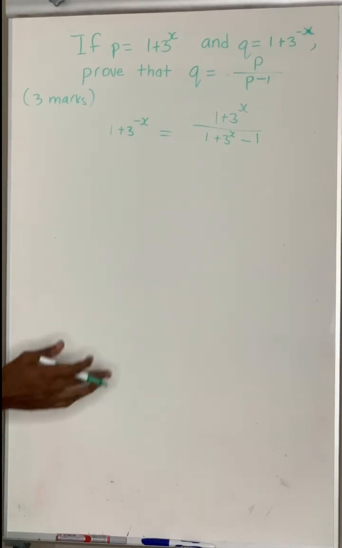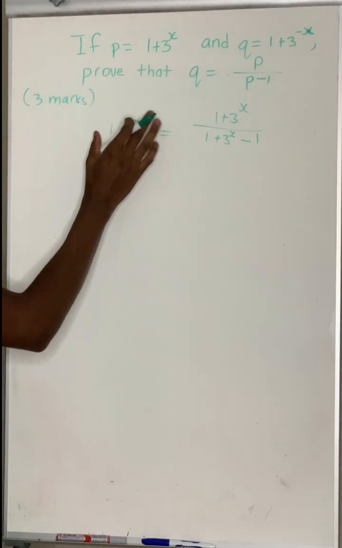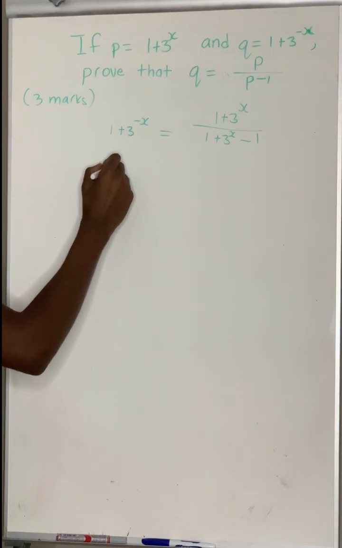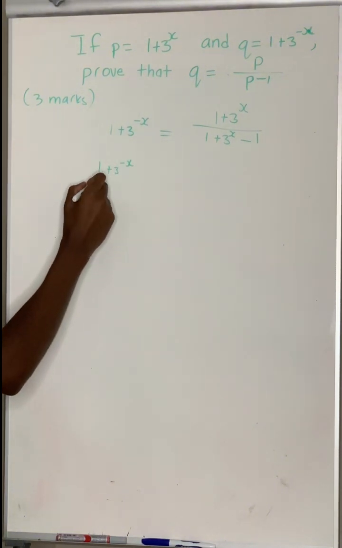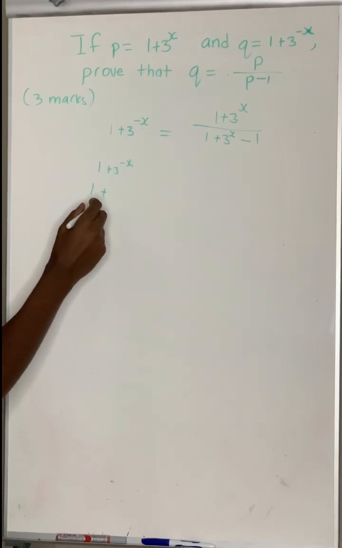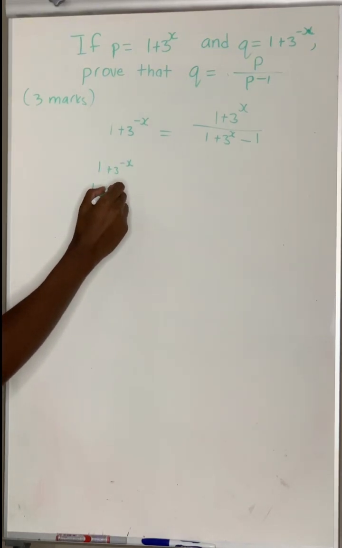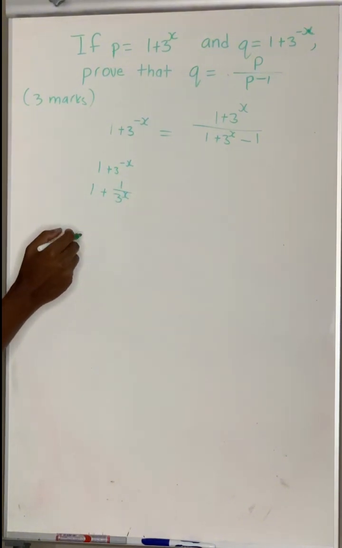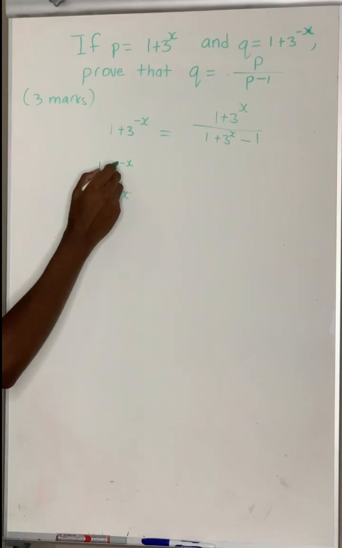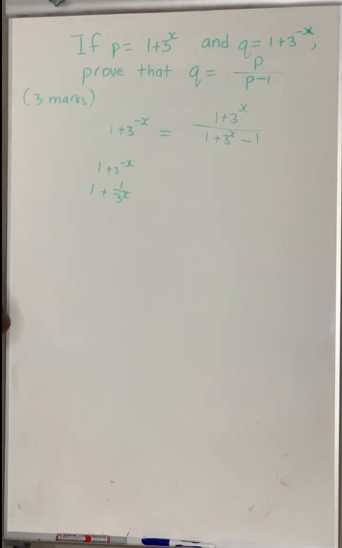Simple as that. Now let's take this side first. So 1 plus 3 exponent negative x. This 1 plus 3 exponent negative x is the same as saying 1 plus 1 divided by 3 exponent x. Why am I saying this is the same? In this scenario, we have a negative exponent.